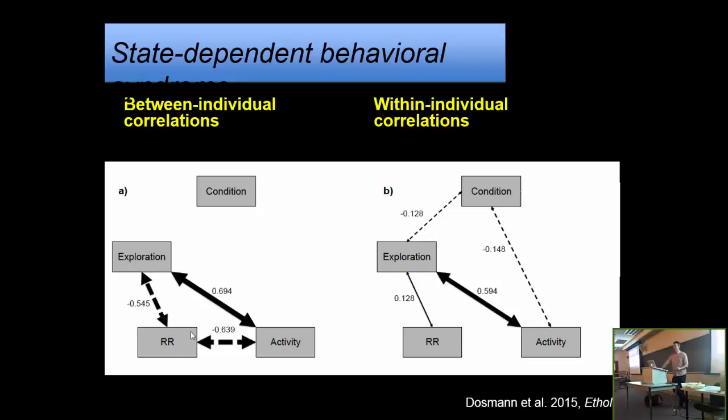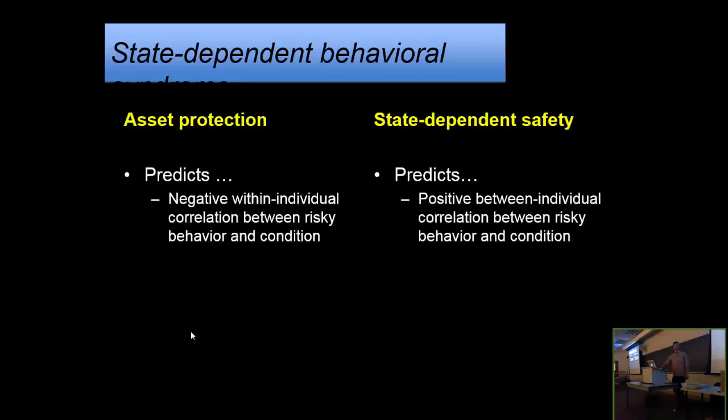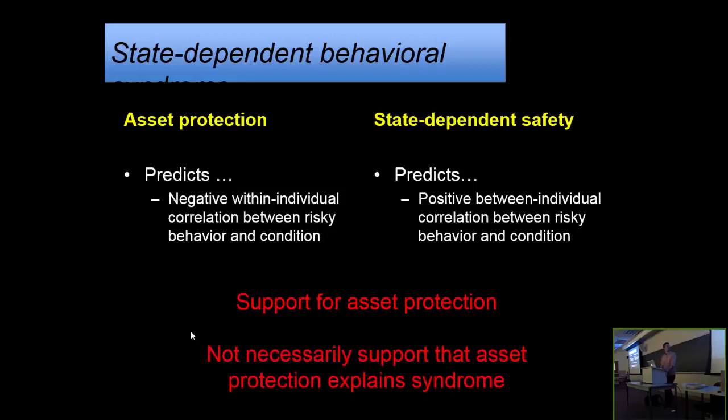And so that actually aligns with the asset protection dynamics that predict a negative within individual correlation between risky behavior and condition. So we have support for the asset protection dynamics, but that doesn't necessarily support that asset protection explains the behavioral syndrome, which would require larger individual differences in condition.